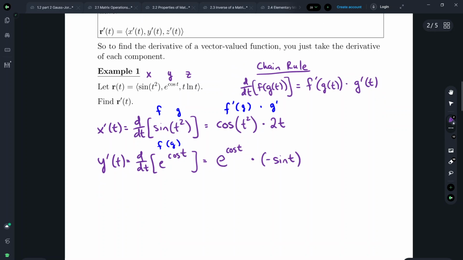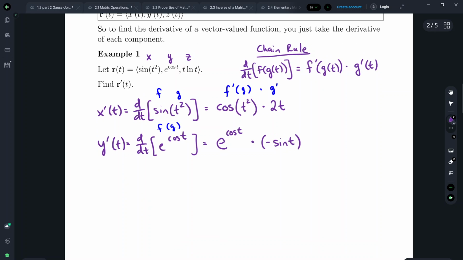And then when I take the derivative of z, it's t times natural log of t. So this is a product, and we're going to need the product rule. Let's quickly remember the product rule. The derivative of f times g is f prime times g plus g prime times f.